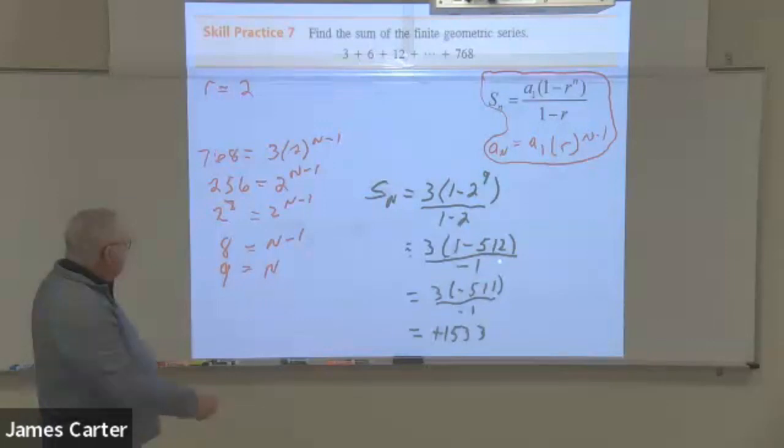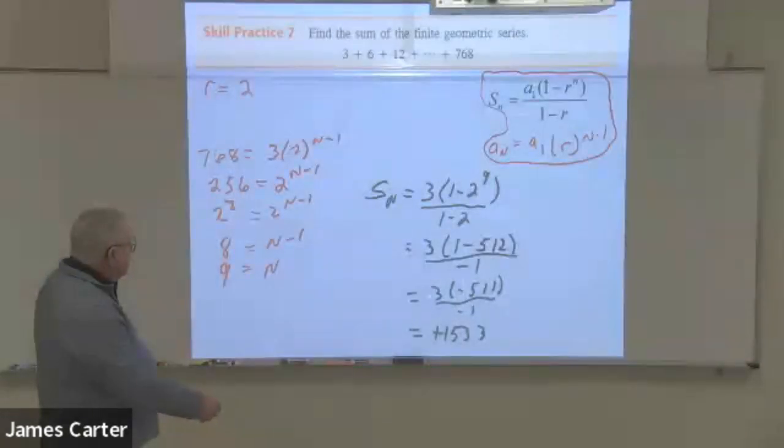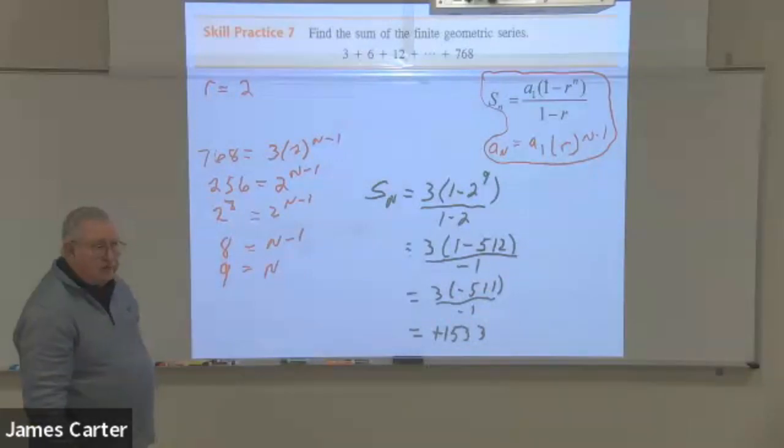In the denominator comes 1 minus 2, and in the numerator 1 minus 512, and 3 times negative 511 over negative 1. Ultimately, these two negatives are going to cancel each other out. So you'll have 3 times 511, which is 1533.